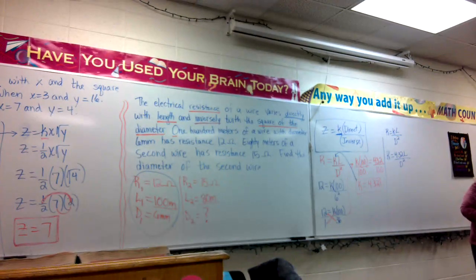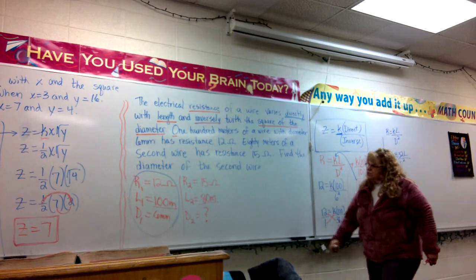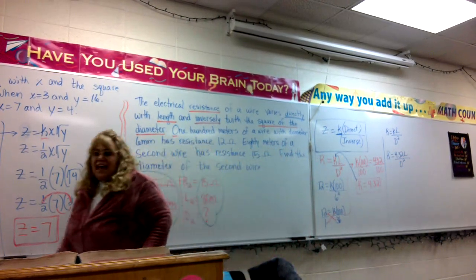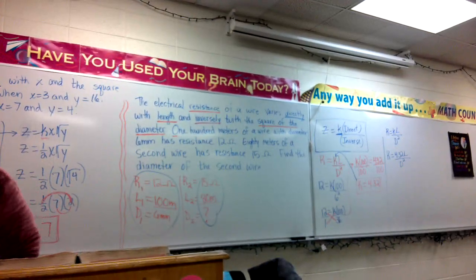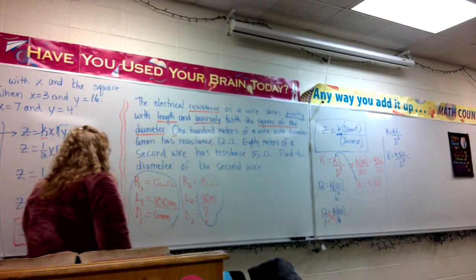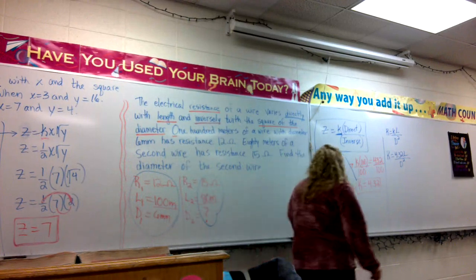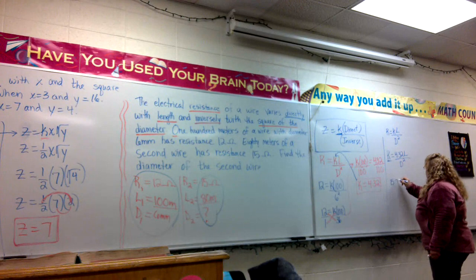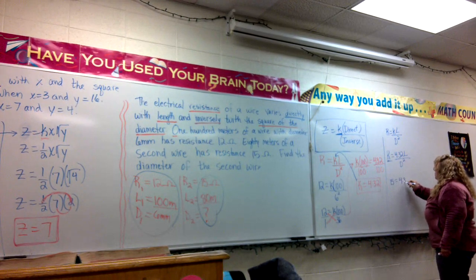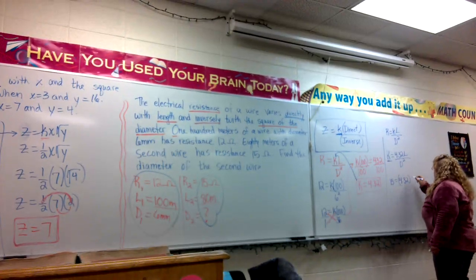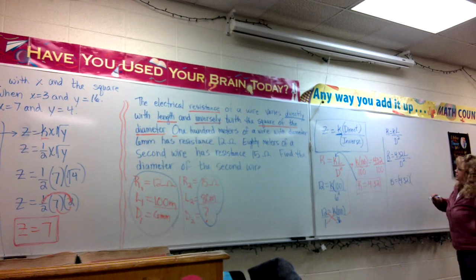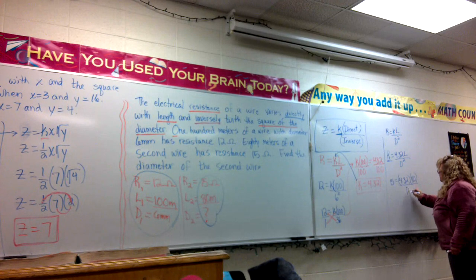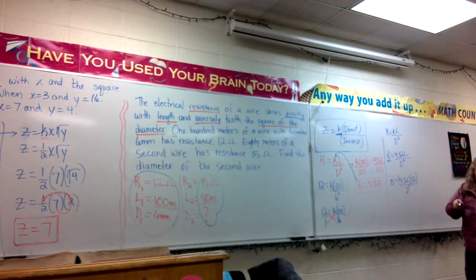Now we should be able to plug in the rest of this stuff. So I know resistance is 15. 4.32. Do I know L? Yes, it's 80 over D squared. How are we going to solve that?